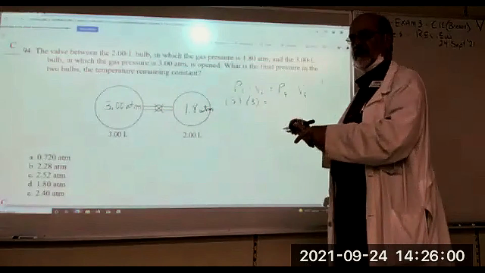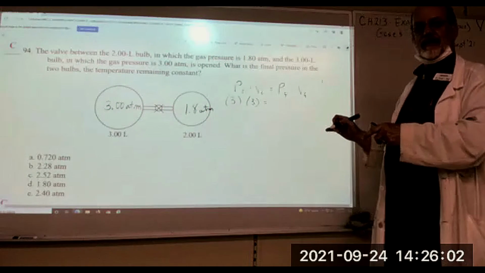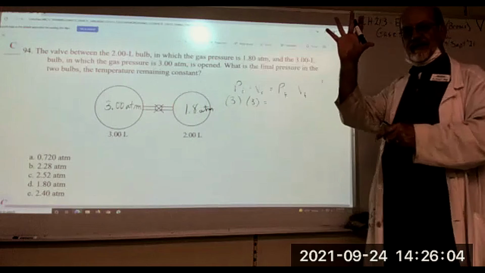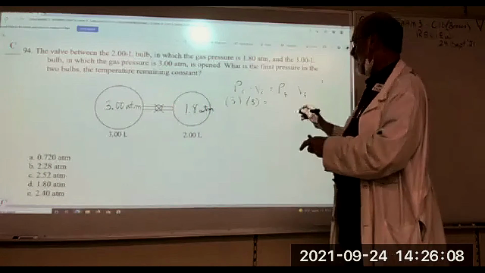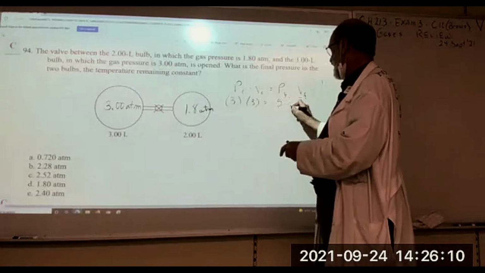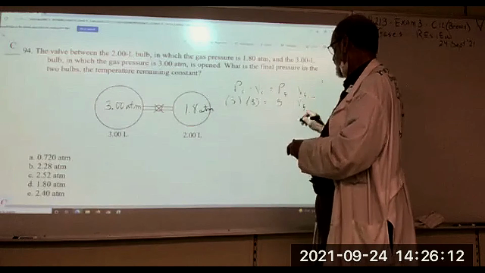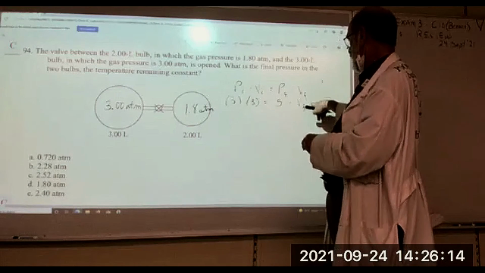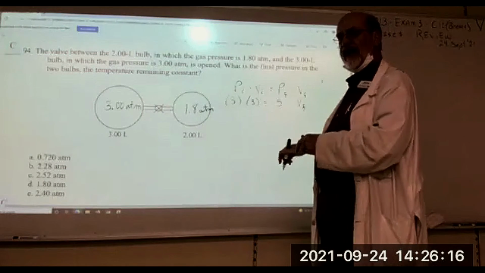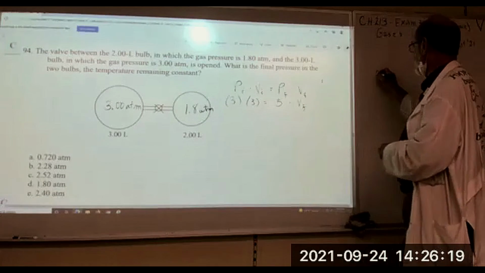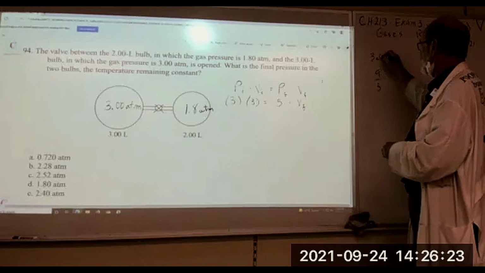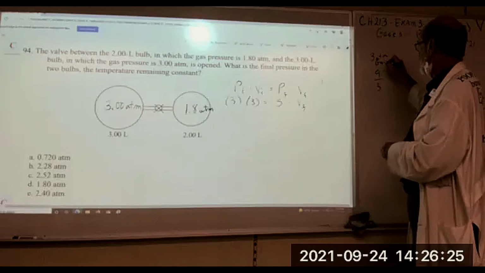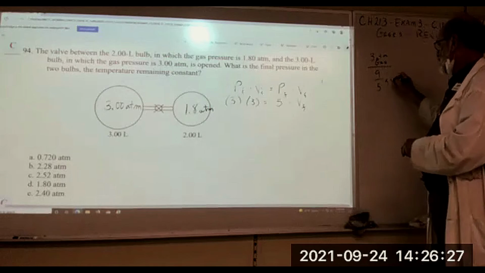What's the final volume? 5. 3 plus 2. The final volume is 5. Now we can solve for this unknown. So this would be what? 9 divided by 5, 9/5. So this is the 3 atmosphere gas is 9/5 atmosphere.